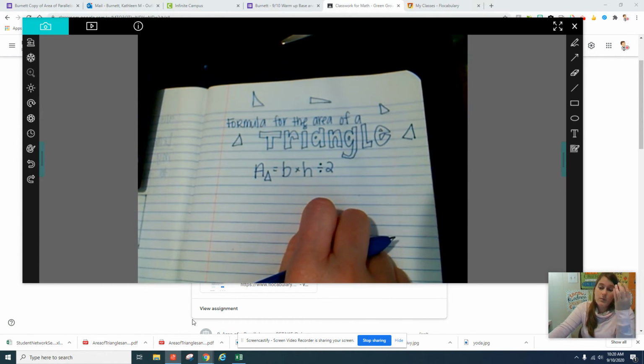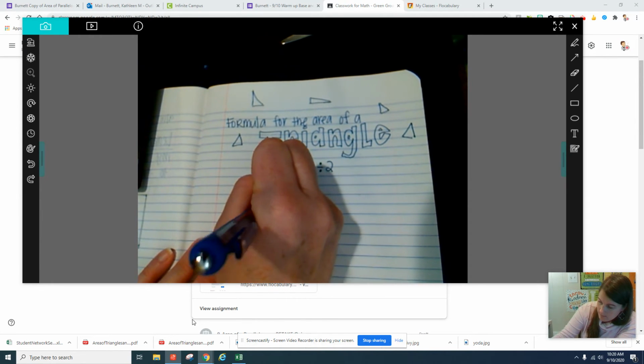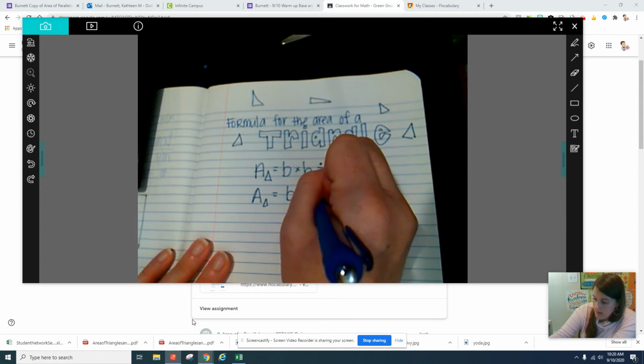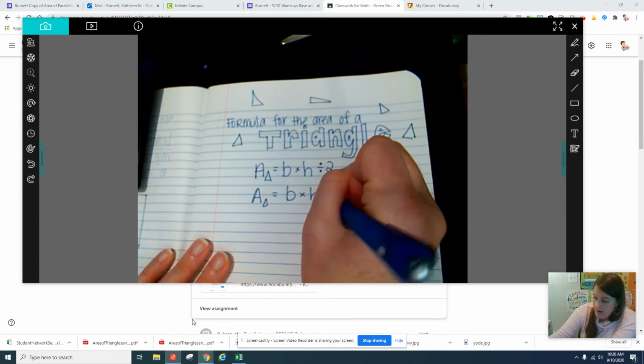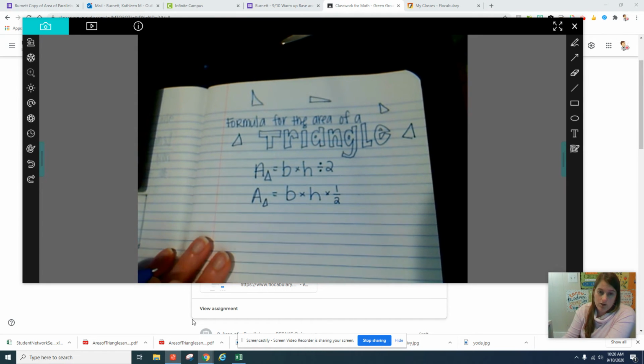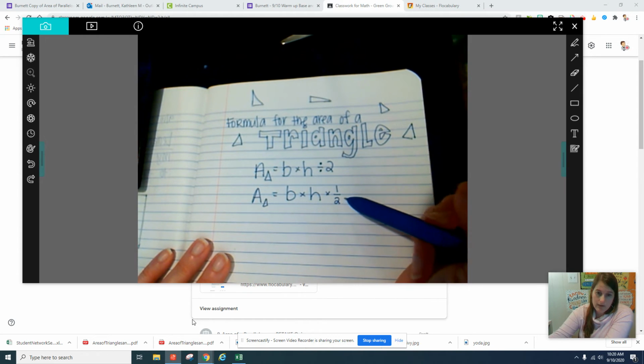And we divide it by 2 because it's half of a rectangle. So you're using that formula for the rectangle, and then you're cutting it in half. Okay, I want you to write this down too. Okay, you can also do base times height times 1/2. Okay, these will get you the same answer.